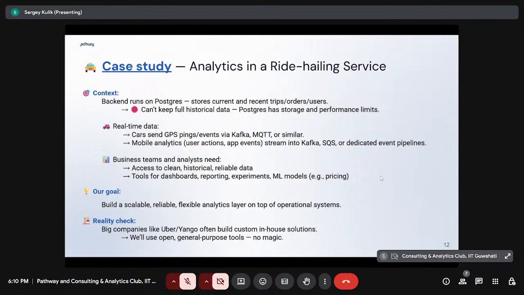backend for this service. We have two kinds of users in mind. The first kind of users are, let's say, investors and the persons who make business decisions, and they need to have clean and robust dashboards.